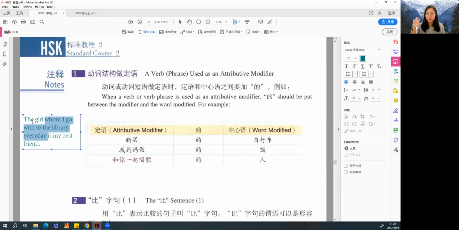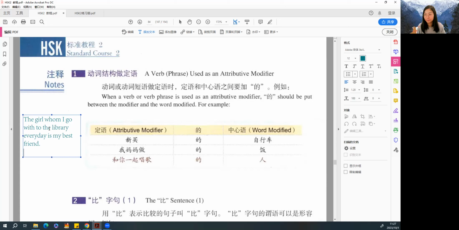I'm talking about the girl whom I go with to the library every day, right? It's this part. So in Chinese, we will not change the structure like that. We just take it as an adjective. We will use 的 at the end of this part, at the end of a very complete describing part.